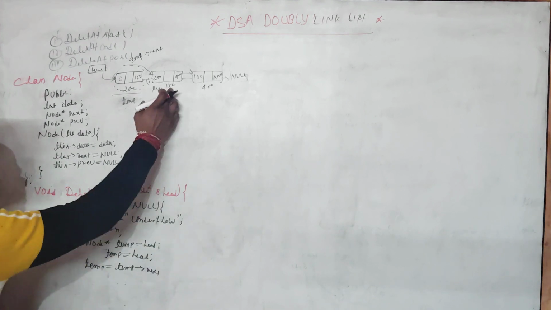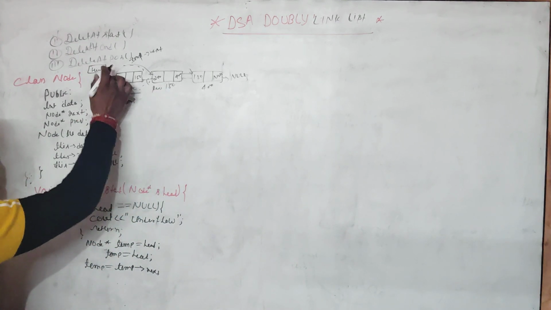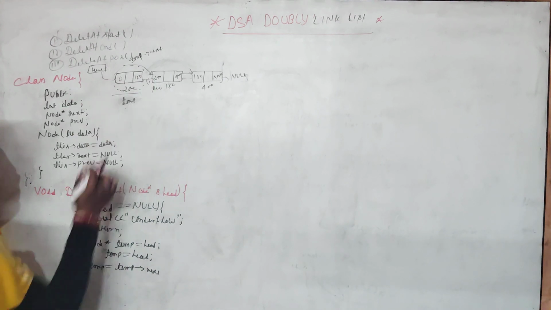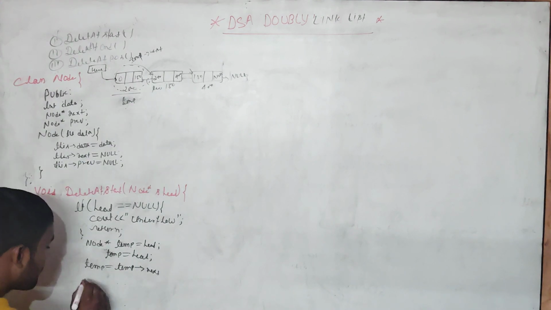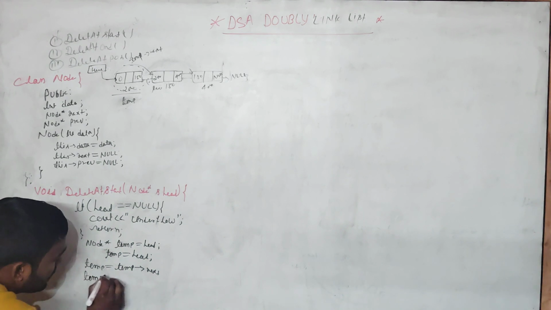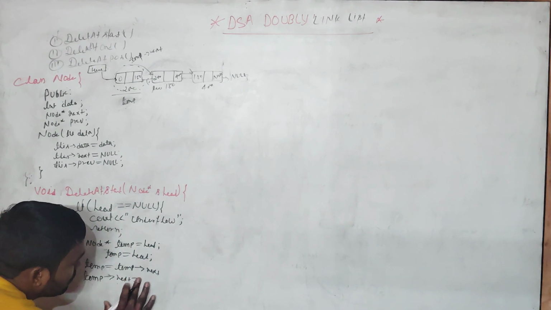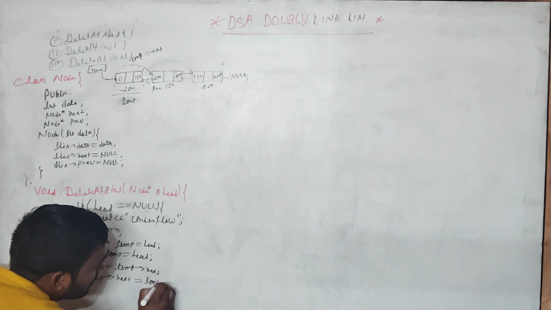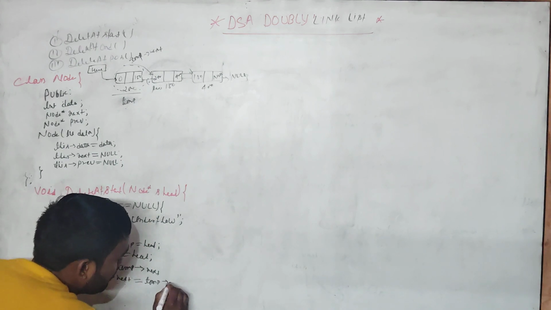Then temp of next is equal to temp previous. Previous is equal to our head pointer. Okay, it is the head pointer. Then I am simply writing here temp of next is equal to previous of next.